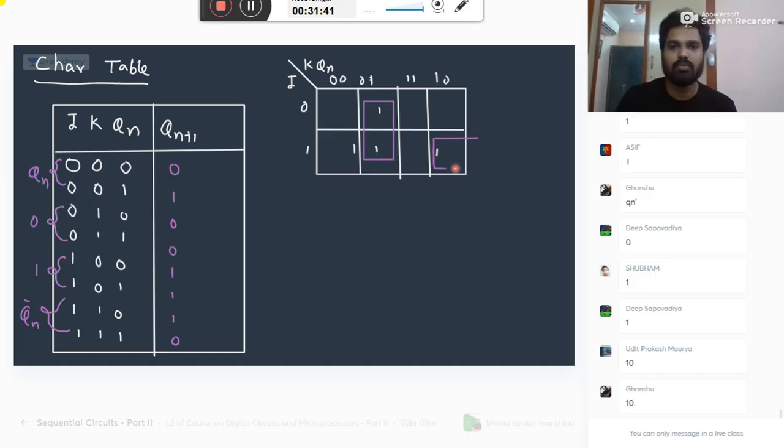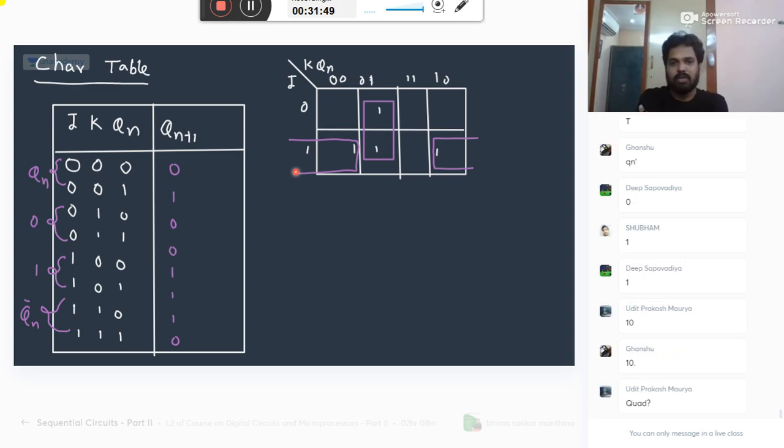You can make one quad. Okay, not quad, pair. So this is the K-map for your Qn plus 1. What is Qn plus 1? Equation. It is J into Qn bar plus K bar into Qn.